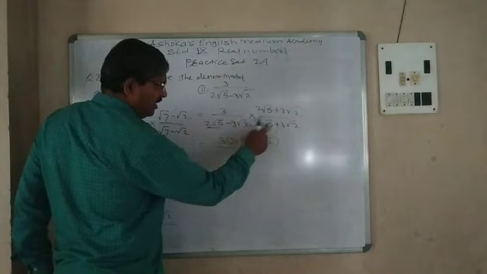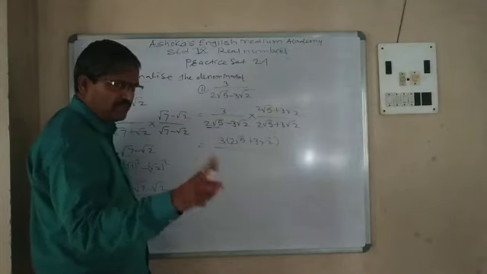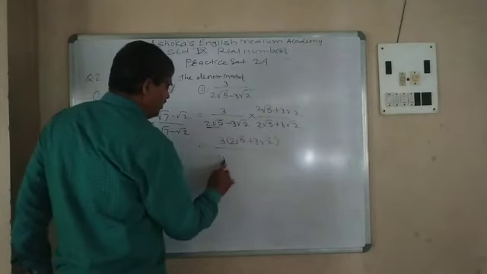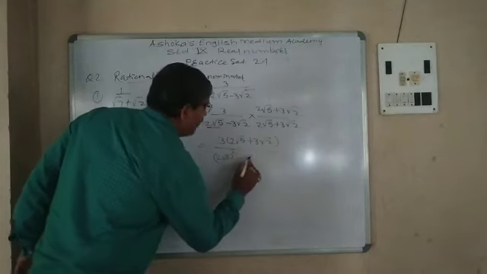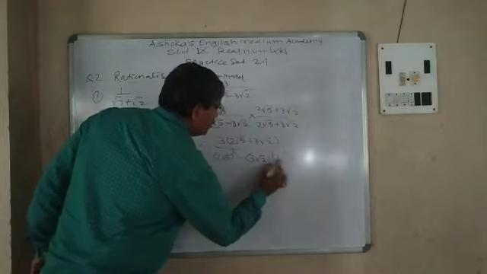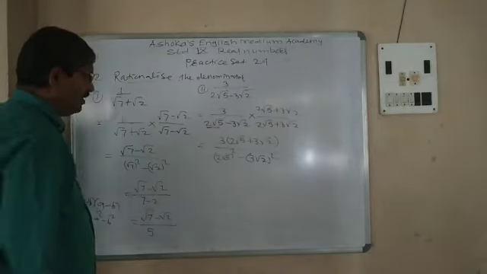So it is a minus b, a plus b, which is a square minus b square. In a similar way, first term square minus second term square. Okay, just a minute.